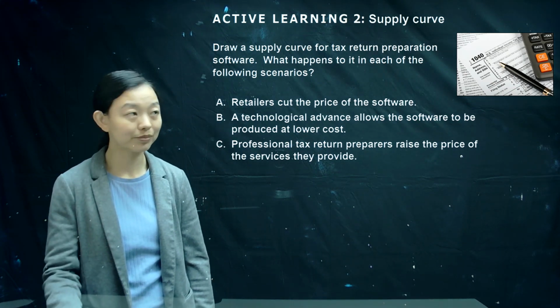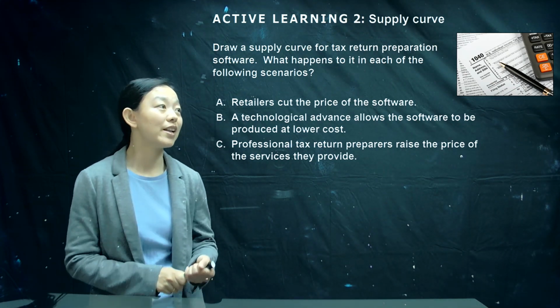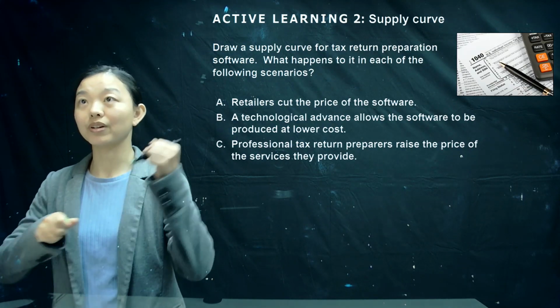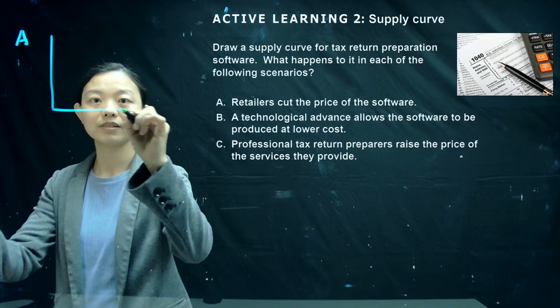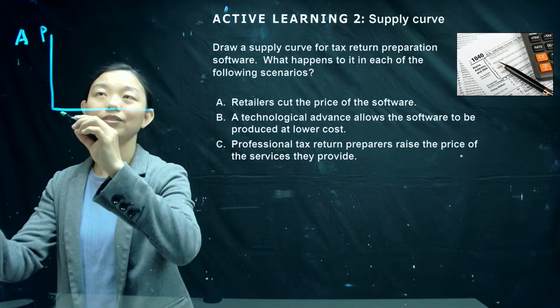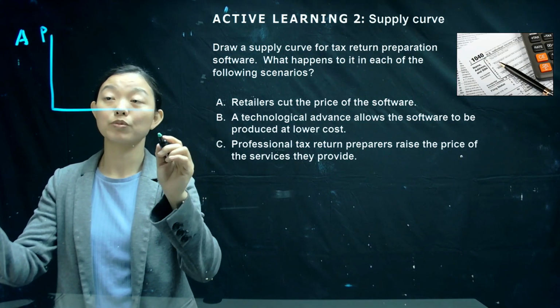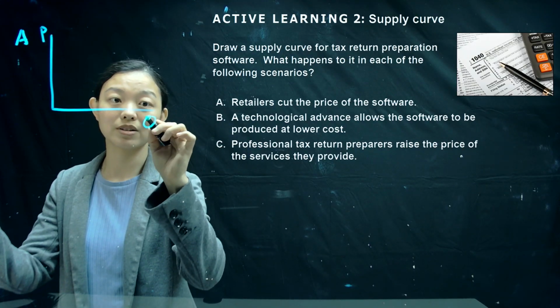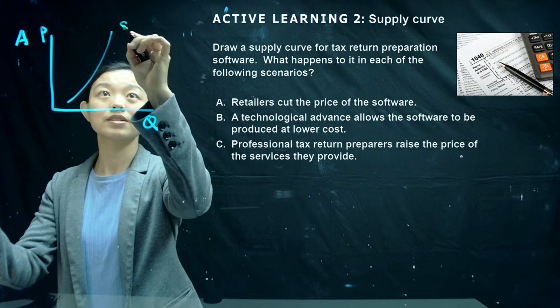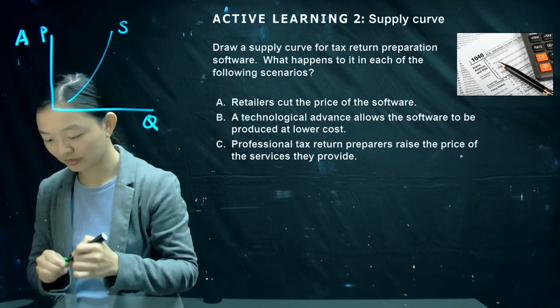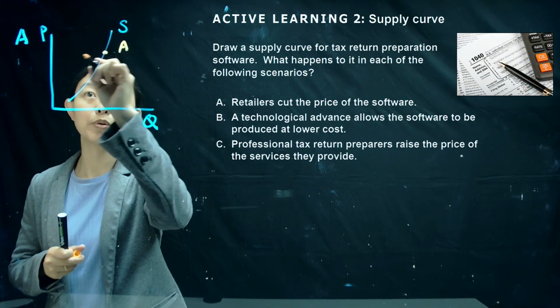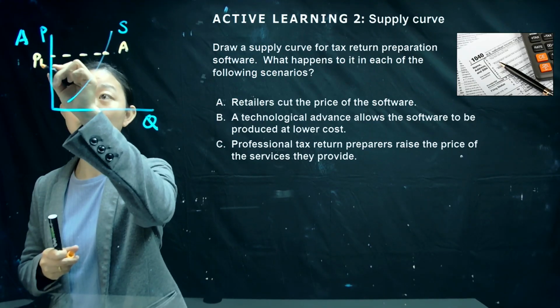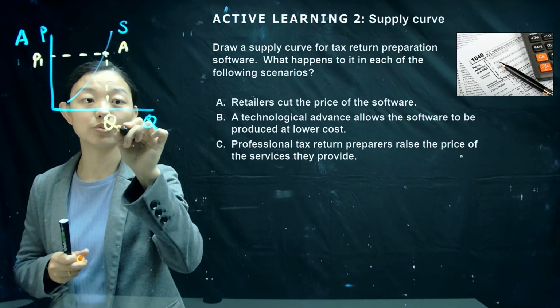Let's look at the first one. Retailers cut the price of the software. So look at A. This is the price of the tax return software, this is the quantity, and this is the supply curve. Originally, let's assume it is at point A, where we have price equal to P1 and quantity equal to Q1.